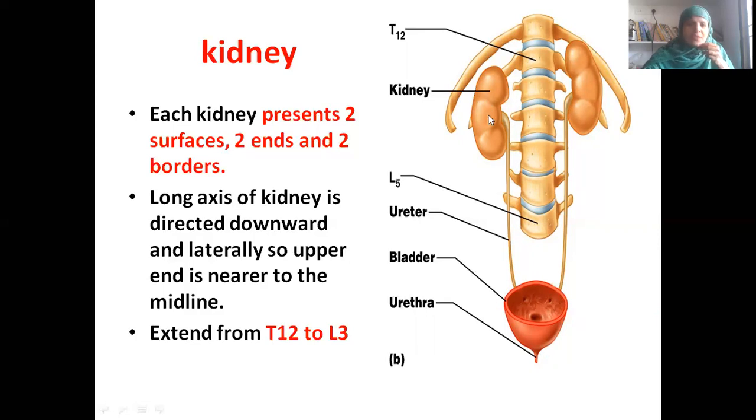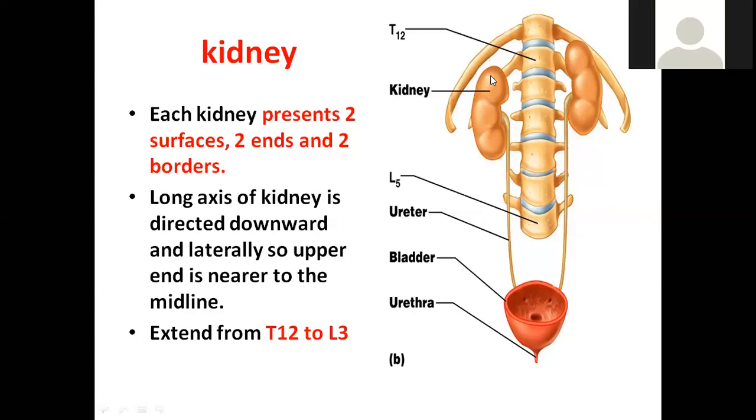The surface which you see from the anterior aspect is the anterior surface, and the surface which you see from behind will be the posterior surface. So it has two surfaces, two ends and two borders. This is the long axis of the kidney, which is directed downwards and laterally.